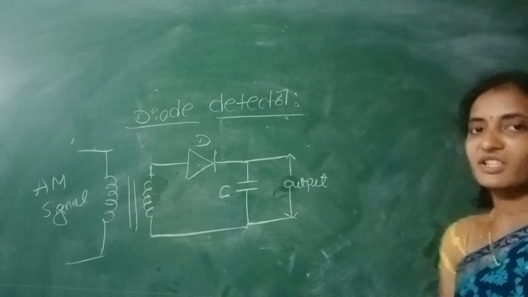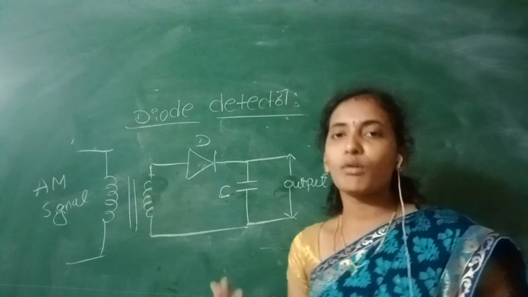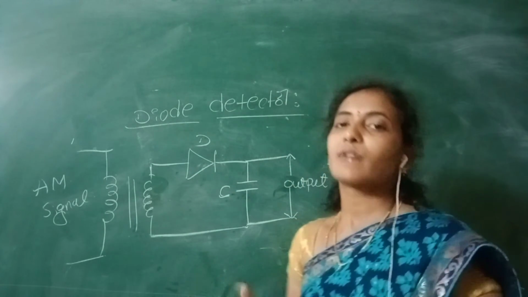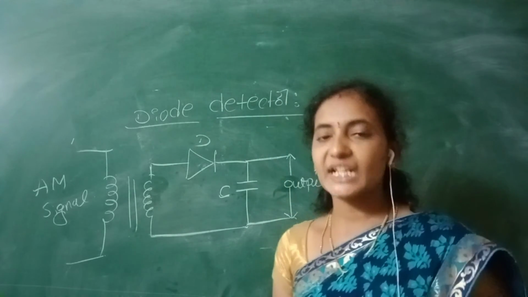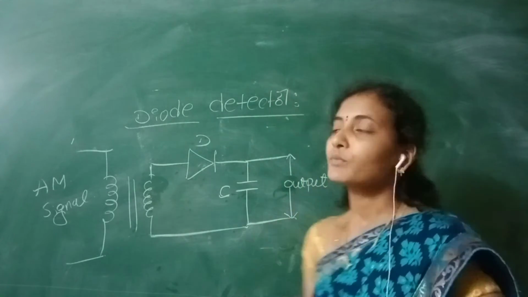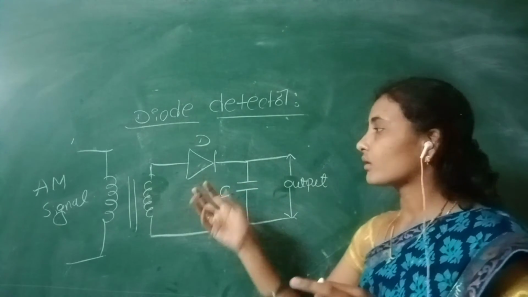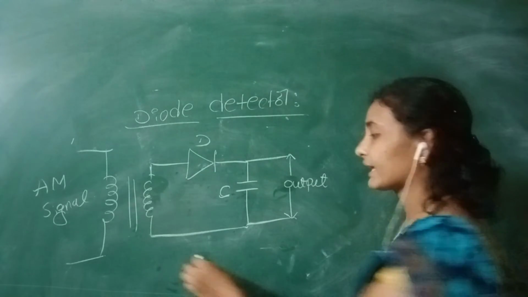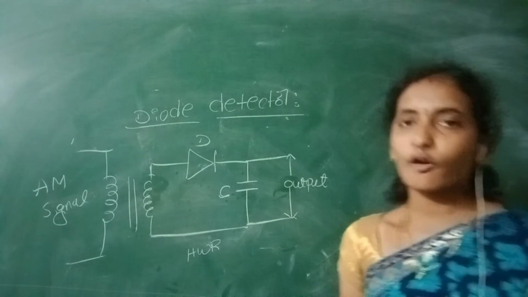What operation is performed in this circuit? Before that, we have to know about the diode operation. A diode performs in forward bias condition and reverse bias condition. Here we use only one single diode, so the diode works like a half wave rectifier.